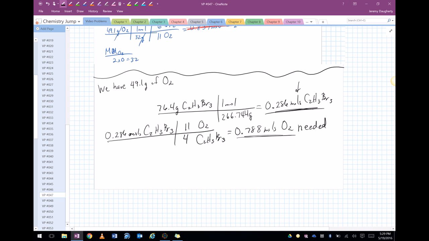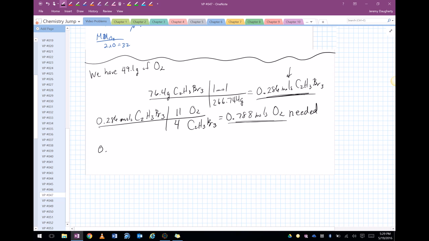Let's go ahead and convert that to grams, because a lot of times we can understand grams a lot better. So I'm going to convert that 0.788 moles of oxygen to grams. That's 32 grams per 1 mole. I'm going to take that value that's in my calculator, multiply by 32, and I get a value of 25.2 grams of oxygen.